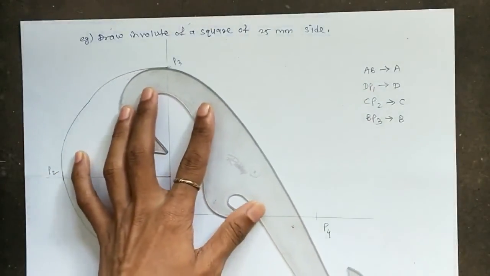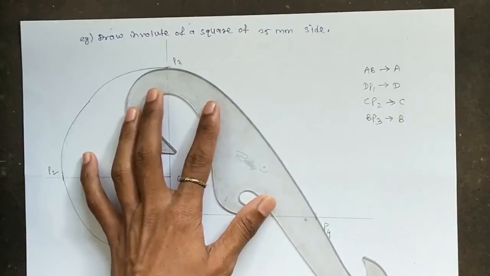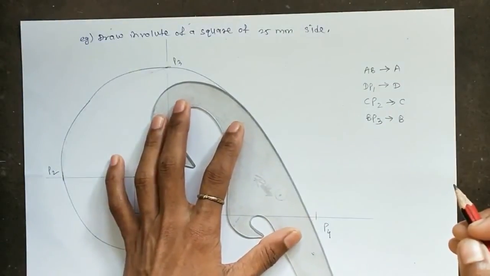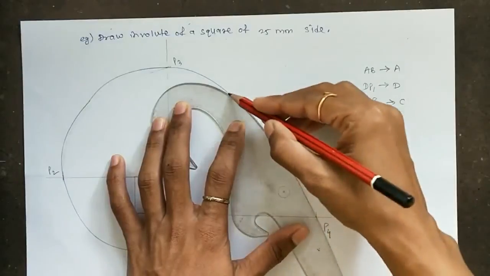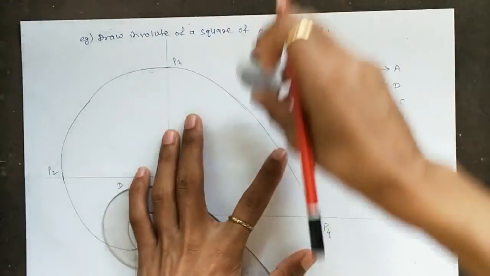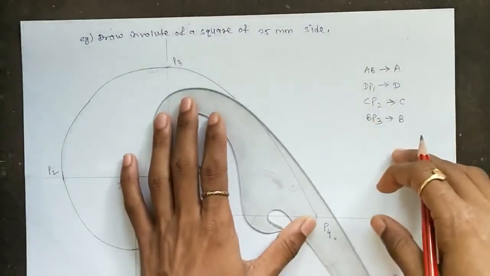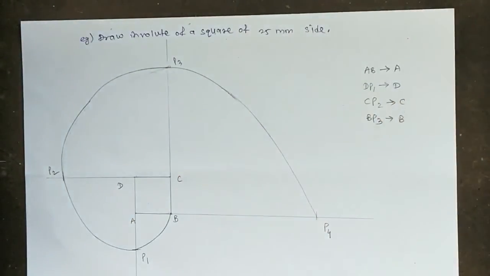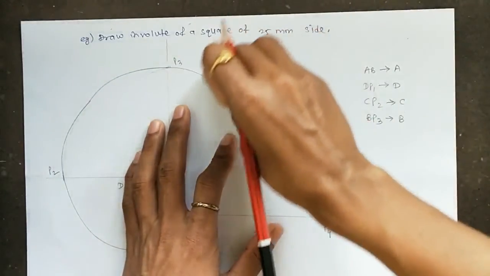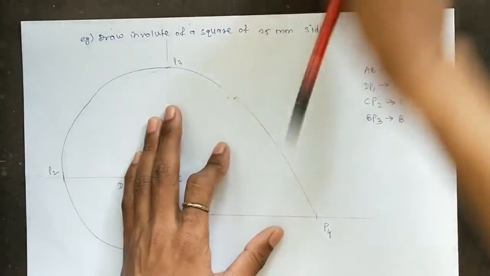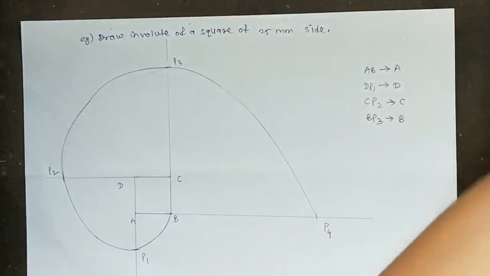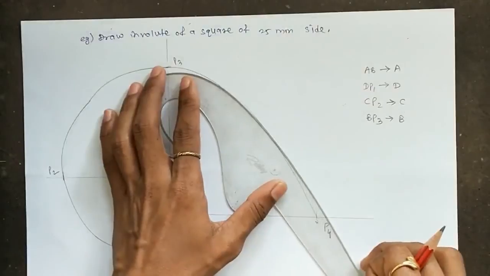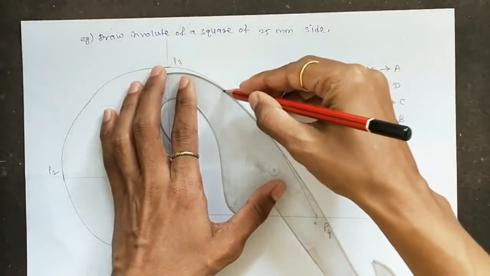And at last join point P3 to point P4. Draw it by a smooth curve. Now see, here it is a smooth curve.